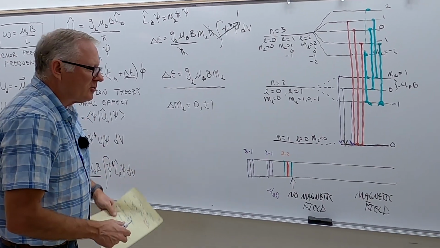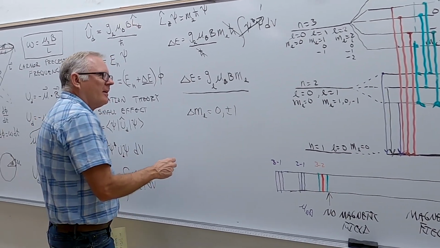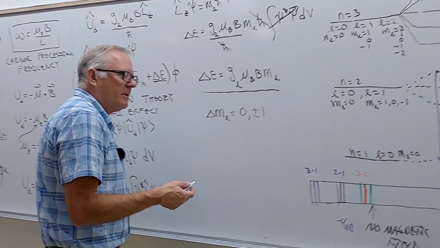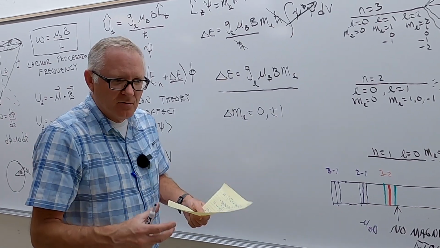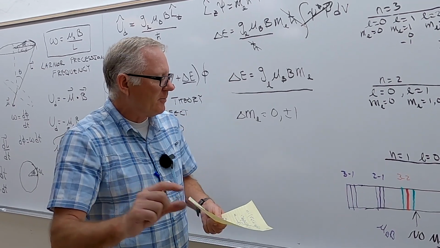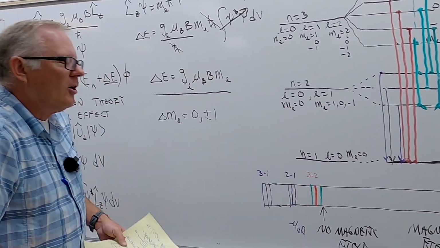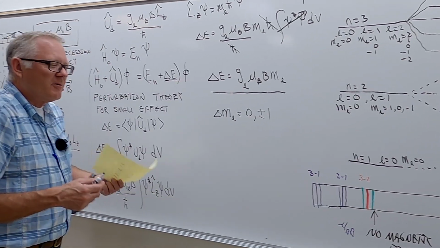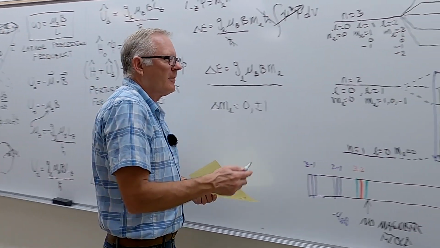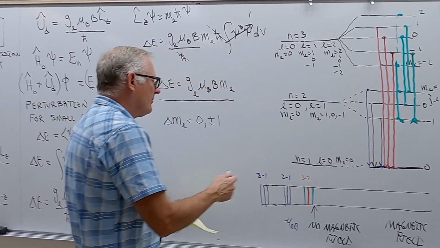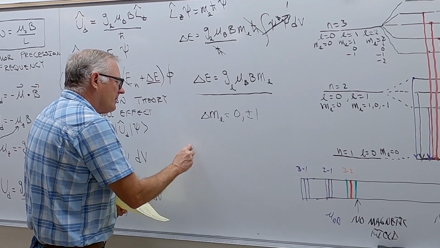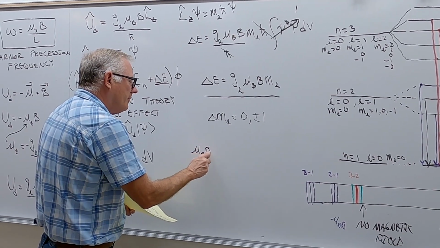Now, this isn't the whole story, but we'll get to the whole story. But just to let you know, when we had that hydrogen tube and we looked at its spectrum, does that mean if I put a magnet in front, we'd see these lines split? Well, they would, but they'd be very difficult to see because of how large the splitting mu_B B is.